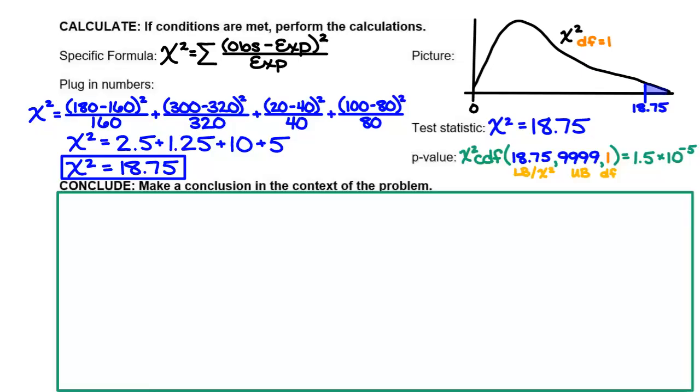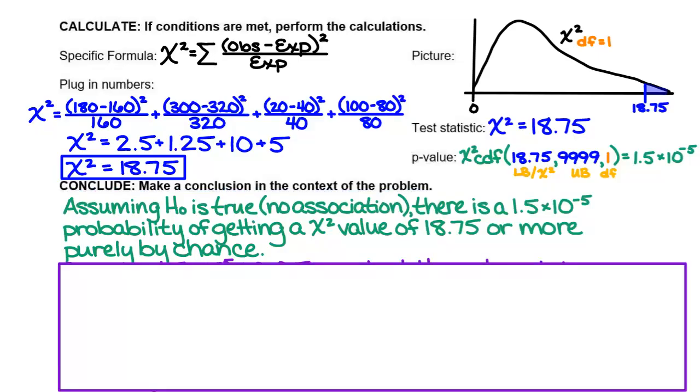All right, let's talk about this conclusion. First part of your conclusion should sound like this. Assuming the H0 is true, there is no association, or they are independent. There's a 1.5 times 10 to the negative fifth, or 0.0000149 probability of getting a chi-square value of 18.75 or more purely by chance.